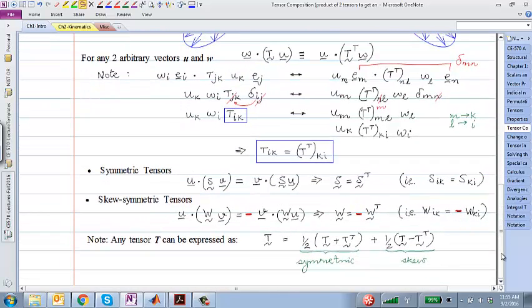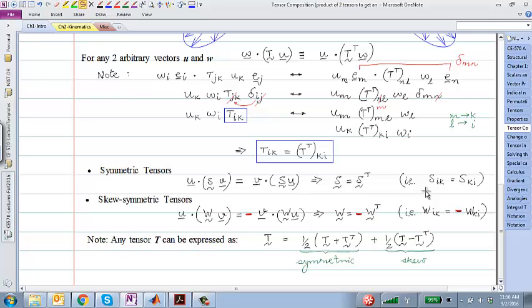A couple of other properties of these tensors. Symmetric tensors, as you might imagine, are related to symmetric matrices. Anytime the transpose of a tensor is the same as the tensor, we get a symmetric tensor. So we'll use the definition of a transpose. This was the definition of the transpose. If I use that definition and it so happens that the tensor here is also its own transpose, I get a symmetric tensor.